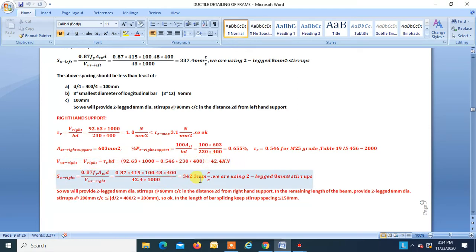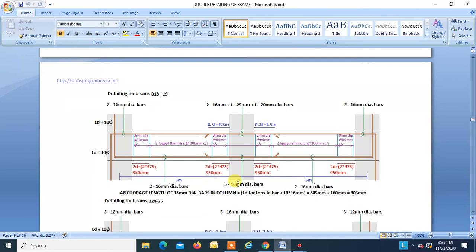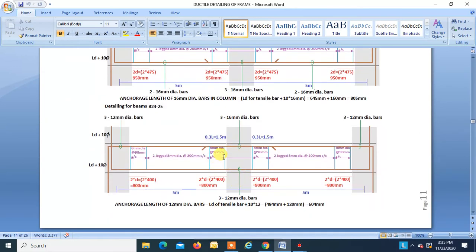The spacing is found to be 342.3, but this spacing should be less than the least of these, that is 96. So again we will provide 2-legged 8 mm stirrups at about 90 mm center to center at a distance 2D from the right hand support. We can see this detail: we are providing 8 mm dia at about 90 mm center to center over this 2D distance.